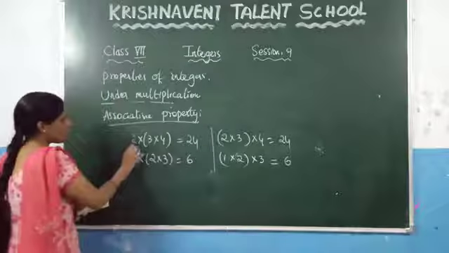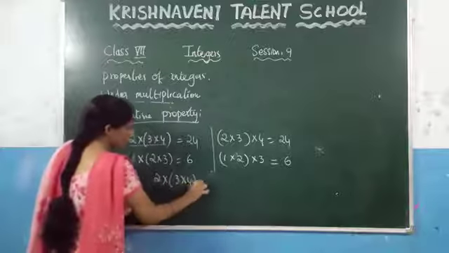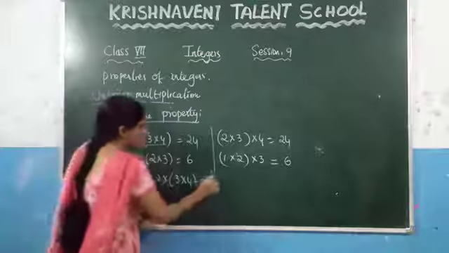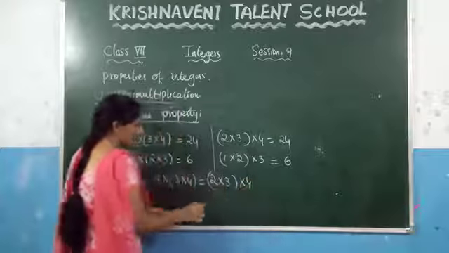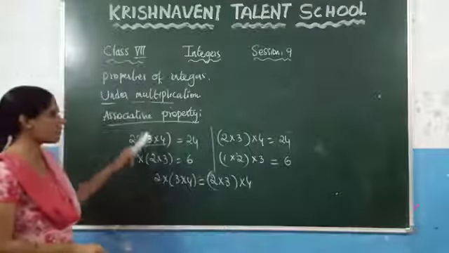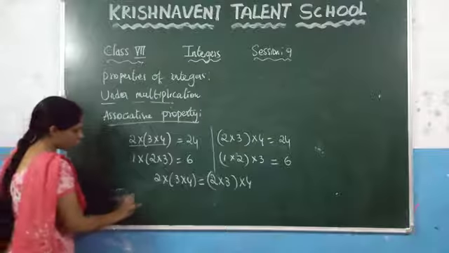From this we can write: if you multiply 2 into (3 into 4), or (2 into 3) into 4, you get the same answer. This property we call the associative property. Now write it in the form of variables.